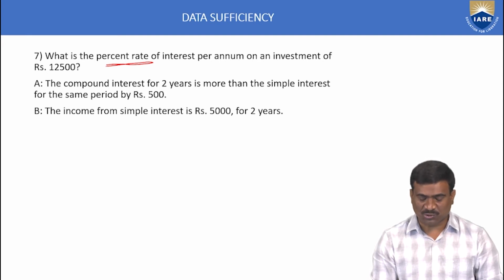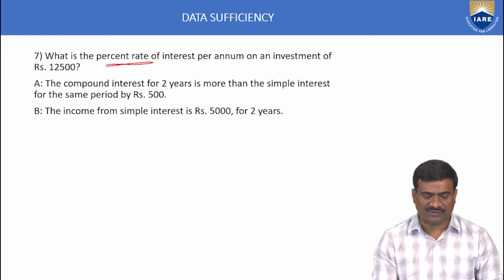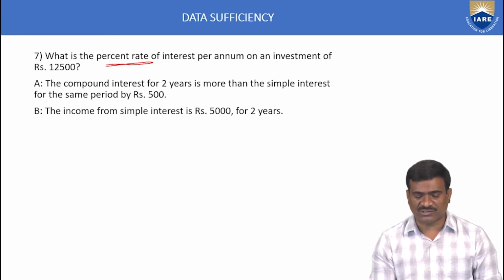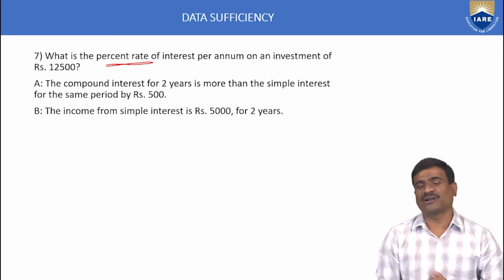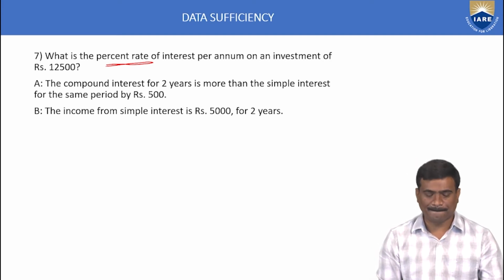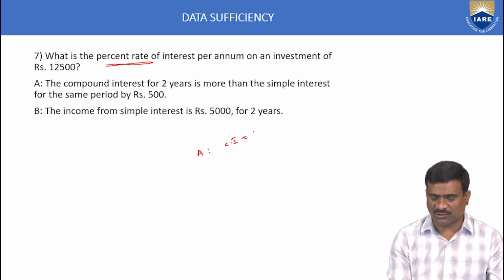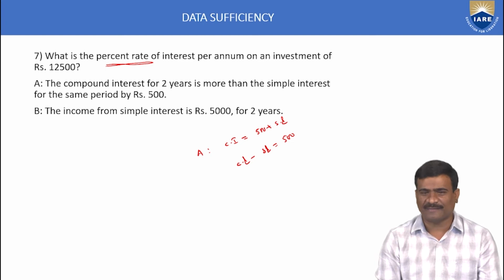Compound interest for 2 years is more than the simple interest for the same period by rupees 500. Statement B: The income from simple interest is rupees 5,000 for 2 years. Here, calculate the rate of interest per annum. Statement A implies that compound interest is equal to 500 plus simple interest, so compound interest minus simple interest is equal to 500.